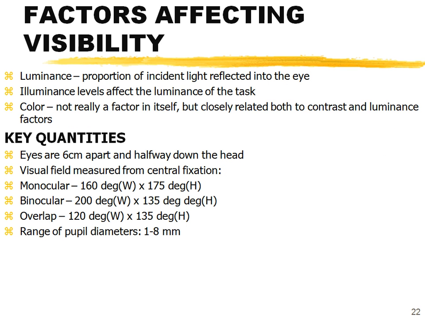Now, the basic facts about how the eyes are situated. The distance between the eyes is 6 centimeters. Now, when we study, so the question is, when you separate the eyes, what does that facilitate? The separation of 6 centimeters, what does it do?